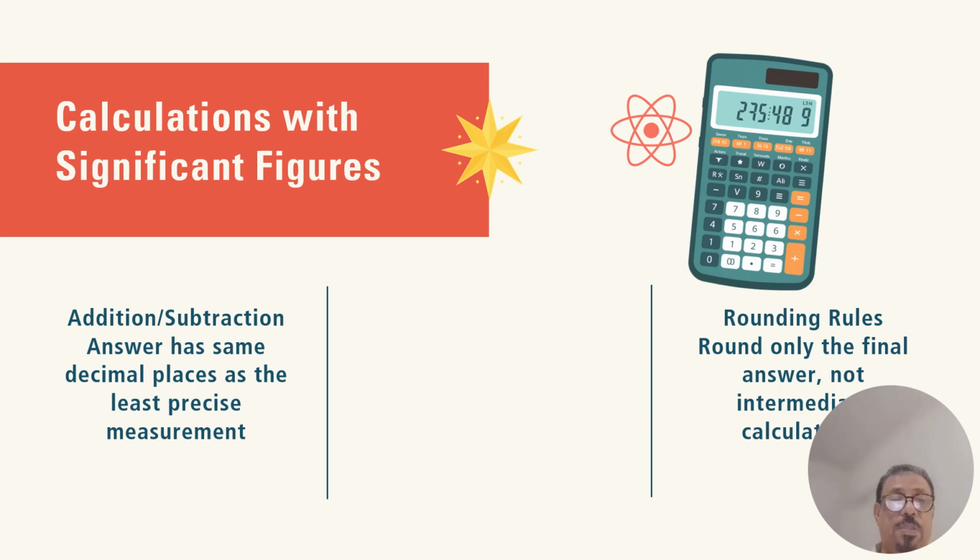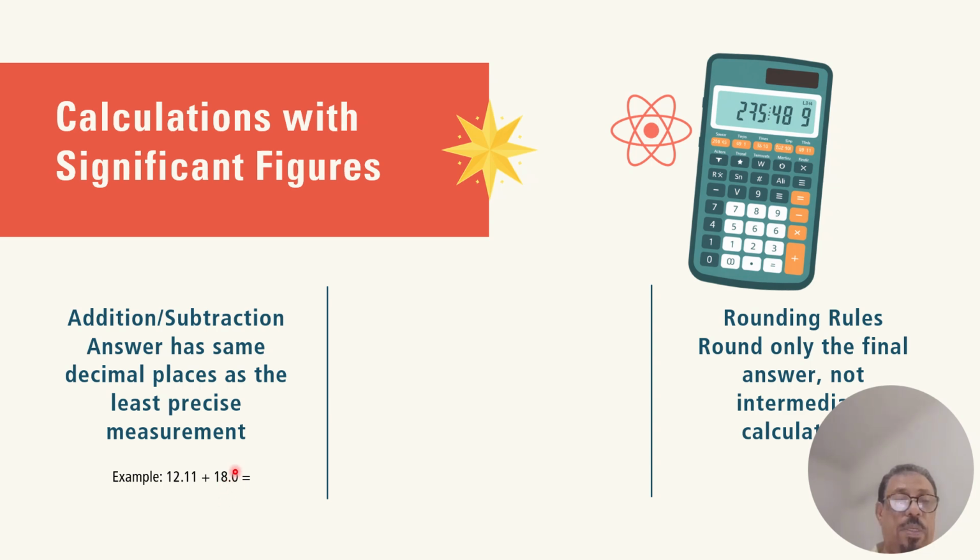Addition and subtraction: the answer has the same decimal places as the least precise measurement. So if you add 12.11 plus 18.0. Now look here. The least precise measurement is 18.0. So how many digits after the decimal point?